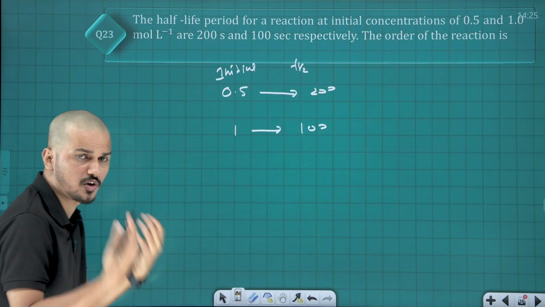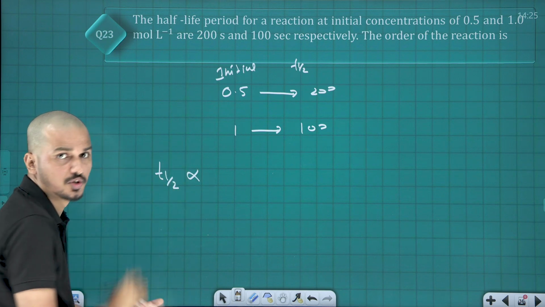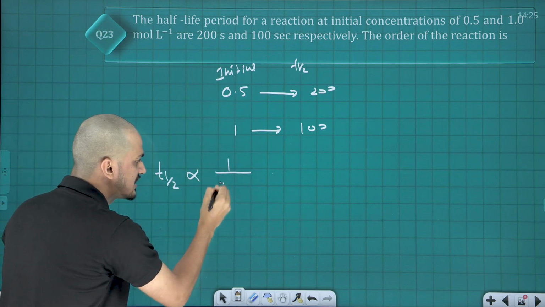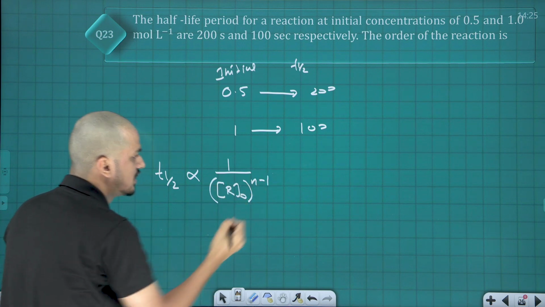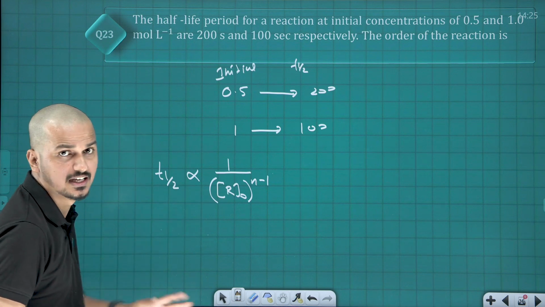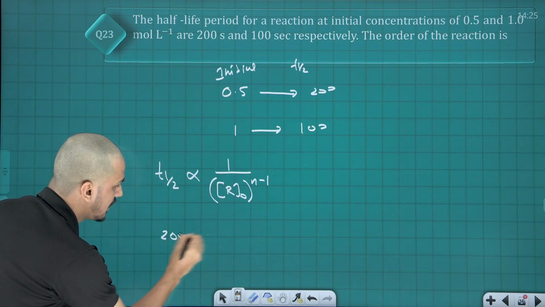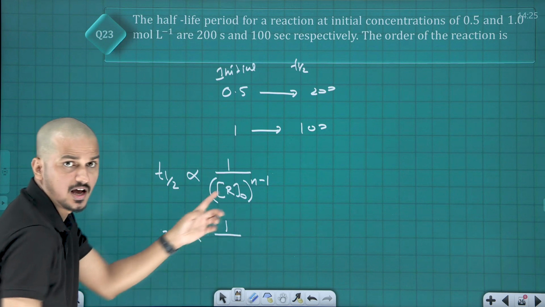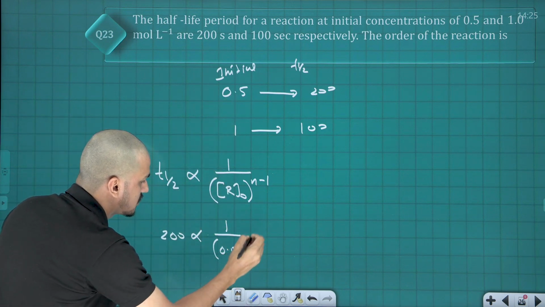We have the formula for nth order: T half is proportional to 1 by initial concentration raised to n minus 1. I hope you remember this formula, and I can apply it here. First, for the first T half, 200 is proportional to 1 by 0.5 raised to n minus 1.